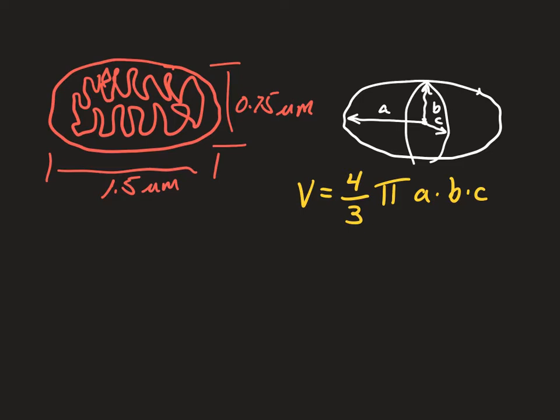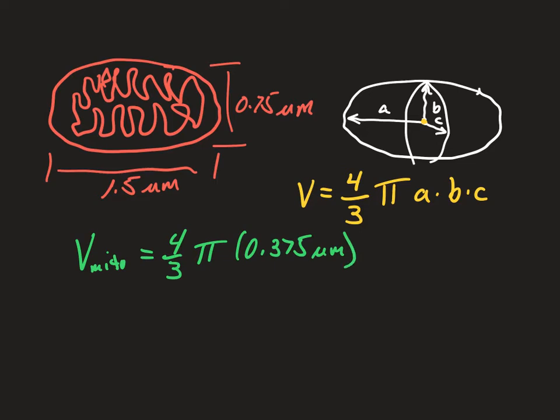So if we take those distances, and note that they are from the center, then the volume of our mitochondrion is going to be equal to 4/3 times pi times 0.375 micrometers, half of that distance across.